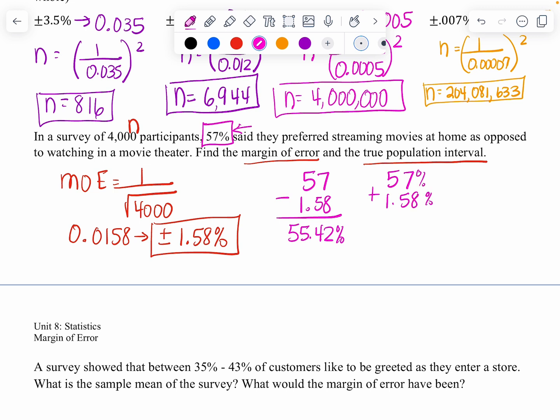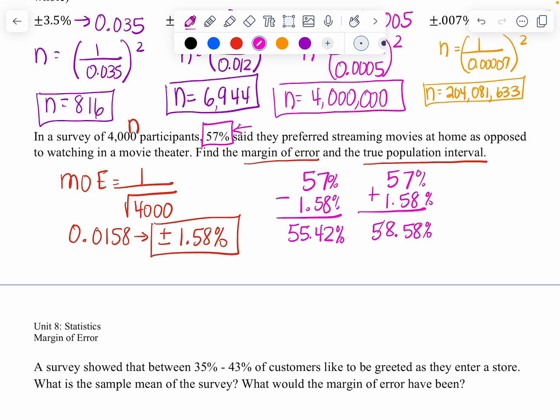Sorry, these are all percentages. So that means I also have a result that goes all the way up to 58.58%.